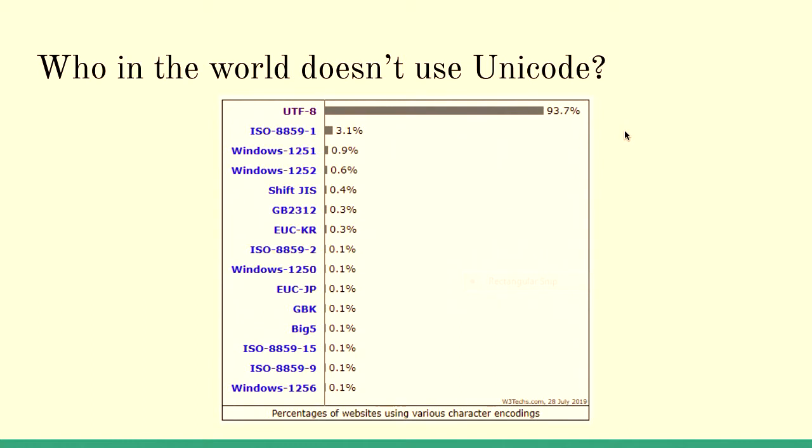Like these encodings that you see here, they are still used by a small percentage of the internet. So even if we like to think that Unicode is ubiquitous and used everywhere, if you scrape around a website and expect it to use Unicode, then probably you will sometimes be wrong. And those websites will use a different encoding.